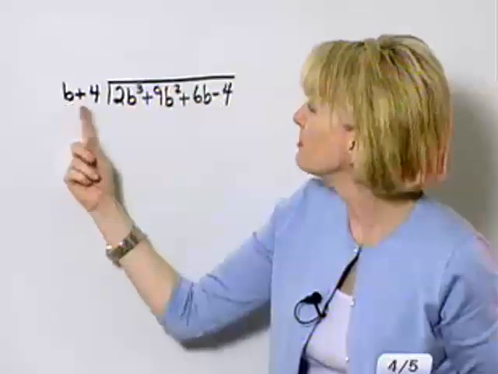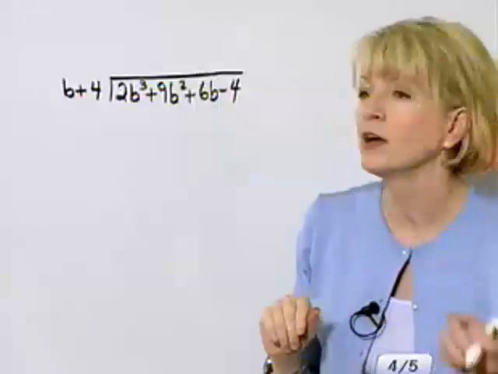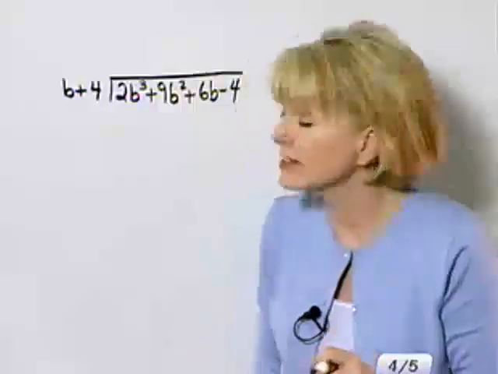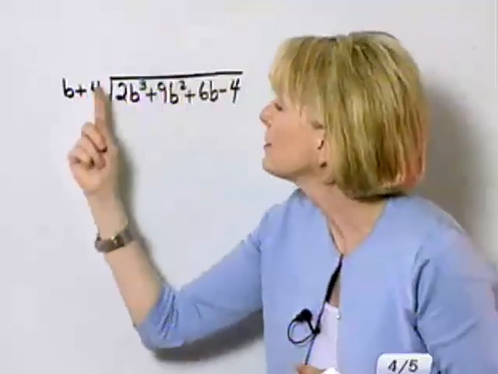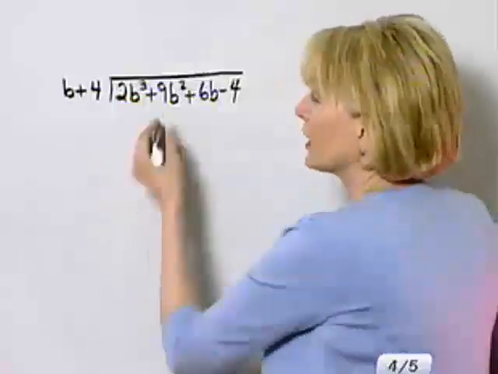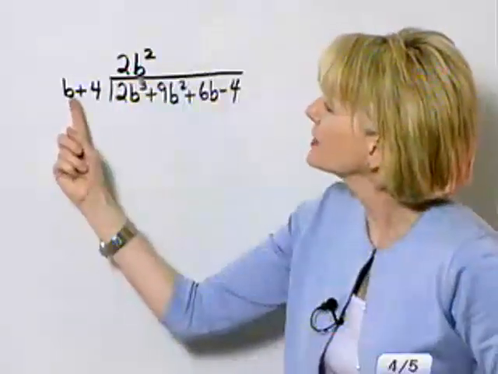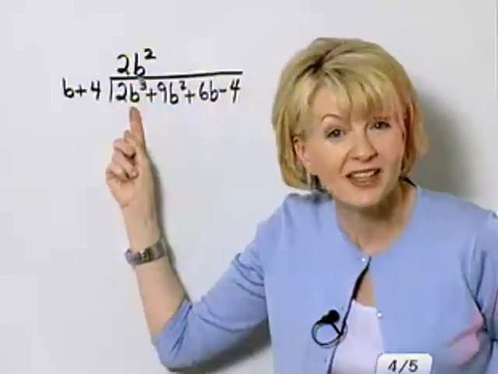So how many times does b divide into 2b cubed? Or if you'd like to think of it this way, what times b gives 2b cubed? Well, I know 2b squared times b gives 2b cubed.